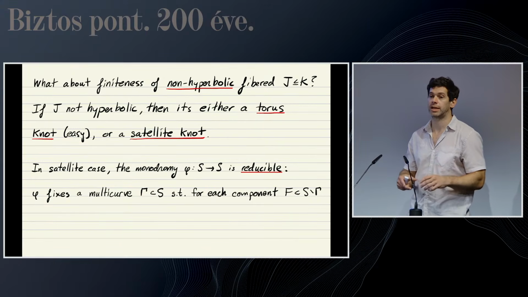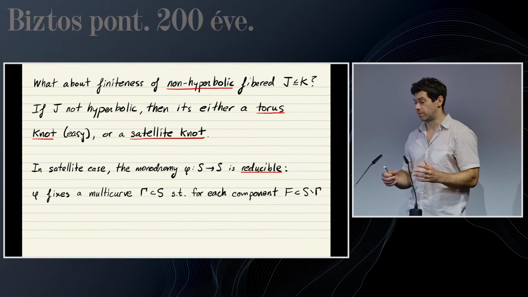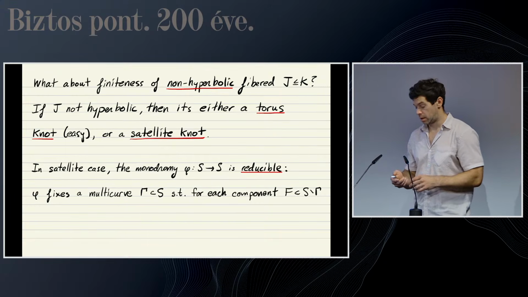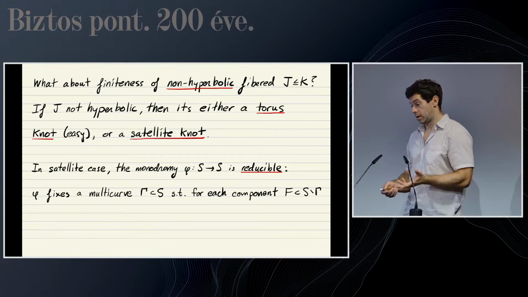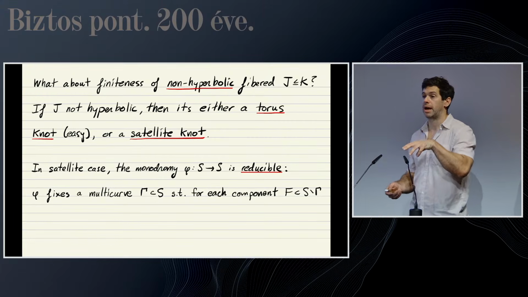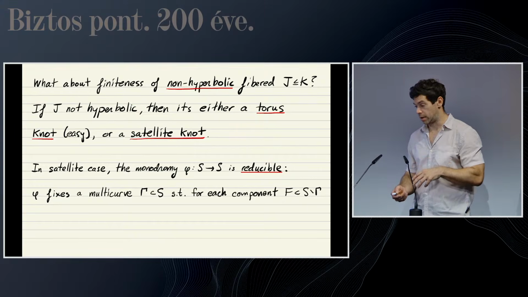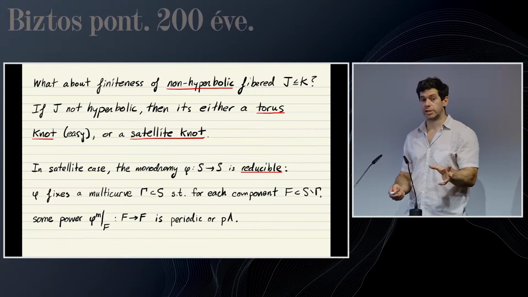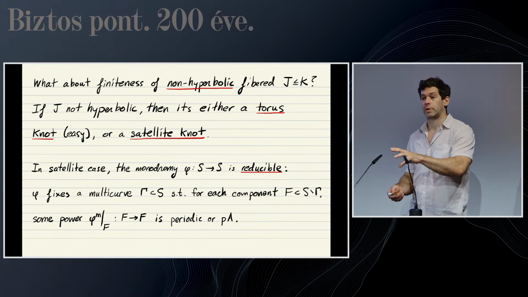It's just fixed setwise. And so the components of the complement may also be permuted around the surface. But if you take one such component and apply the monodromy enough times, then it comes back to itself, right? So some power of the monodromy sends each component back to itself.